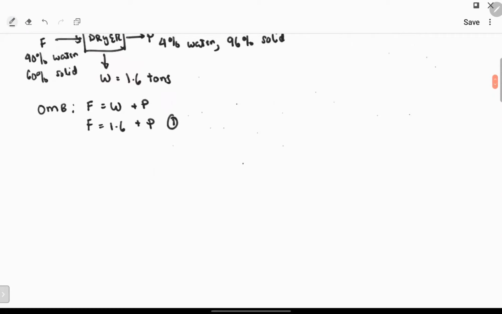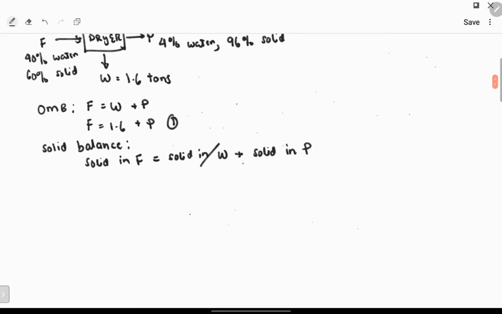Now let's perform component balance. Maybe we'll have solid balance. You can use water balance if you want. So for solid balance, di ba, solid in F equals solid in W plus solid in P. But yung solid in W, wala yan.